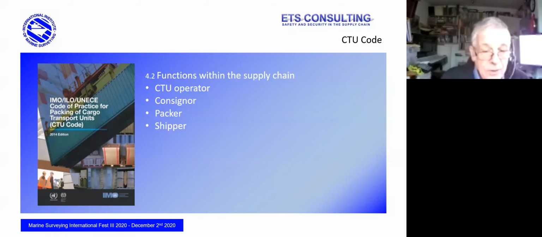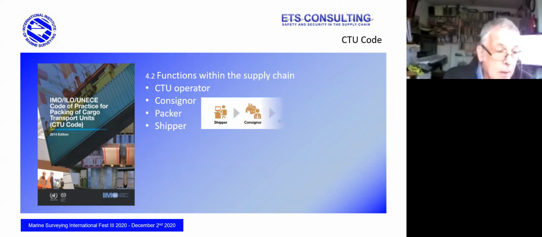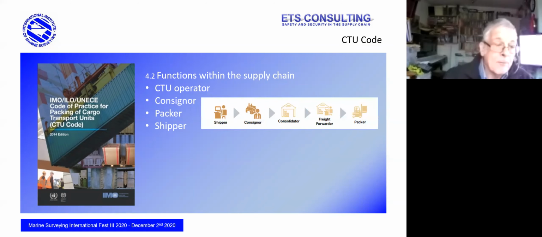Now, these may all be the same organization. The shipper, the consigner, the consolidator, freight forwarder, and the packer could be all the same organization, but each has a different role, a different function within the organization. And the CTU Code differentiates between the shipper and the packer.